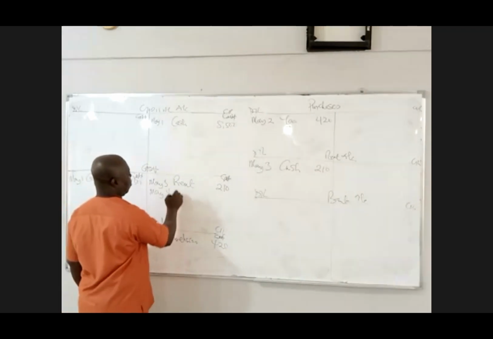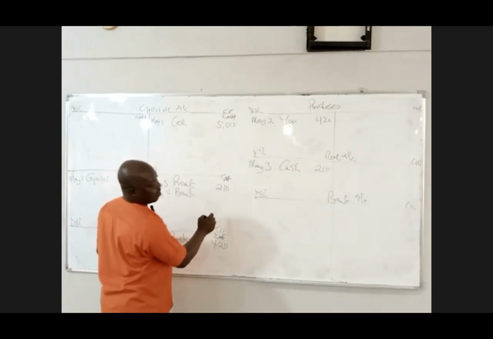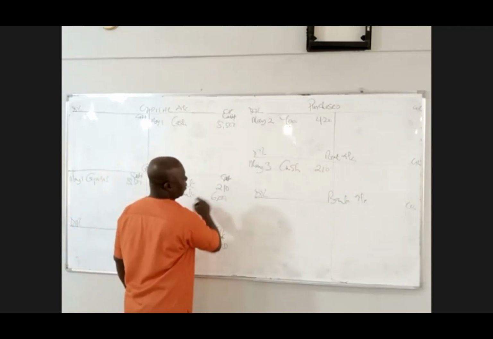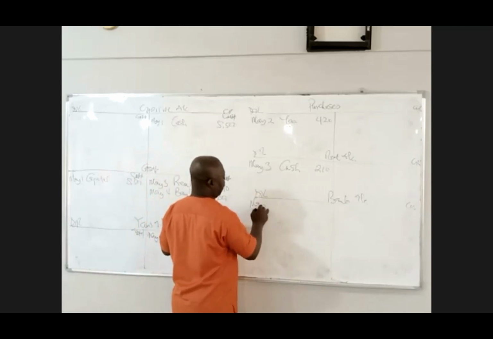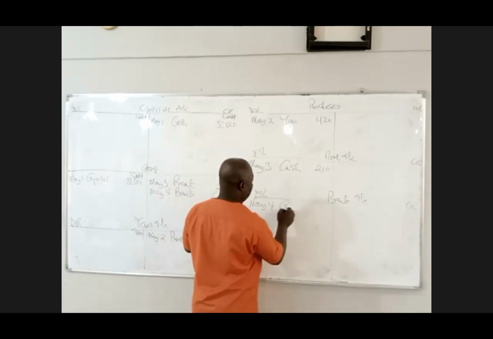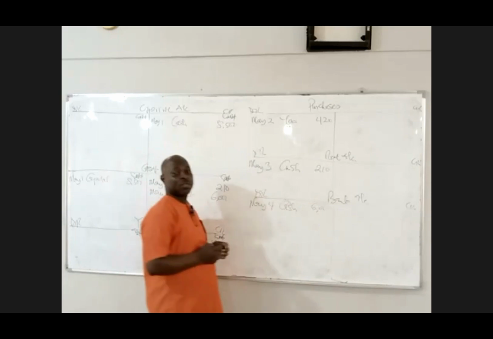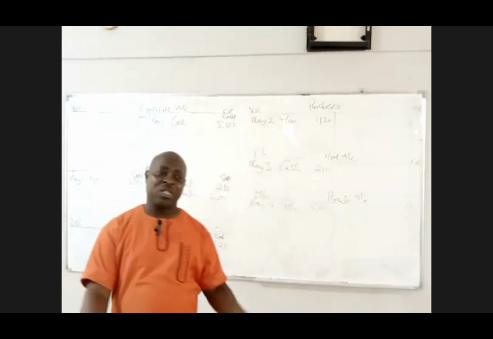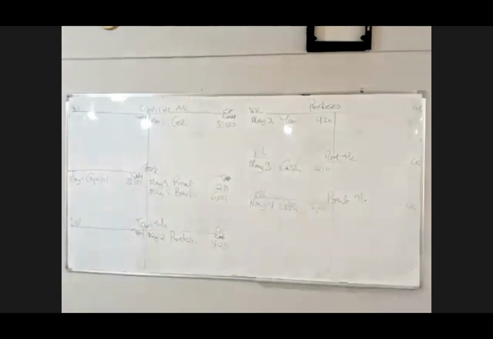May 4th. With what? Bank of how much? 6,000. So bank account will be debited May 4. And then we'll have cash of what? 6,000. If you can do this, why wouldn't we qualify you as a chartered accountant?